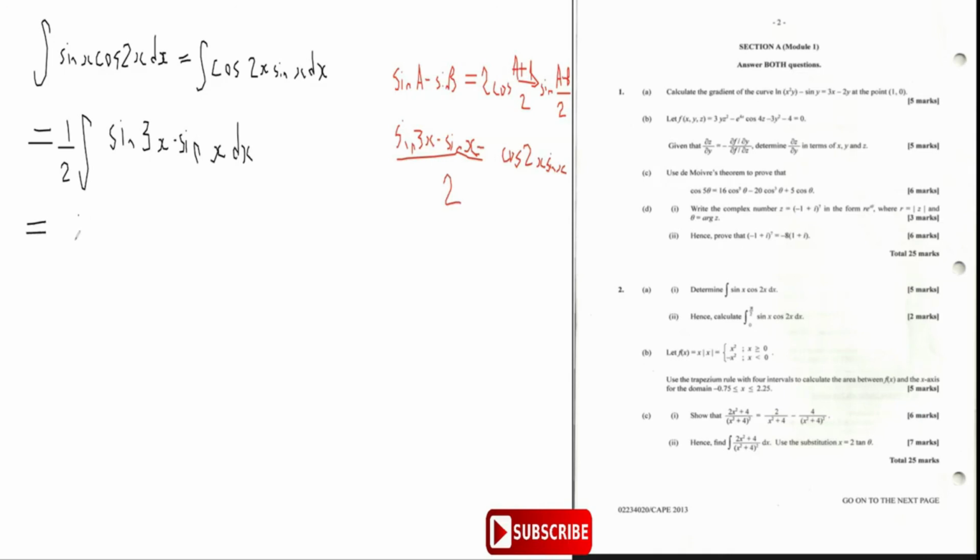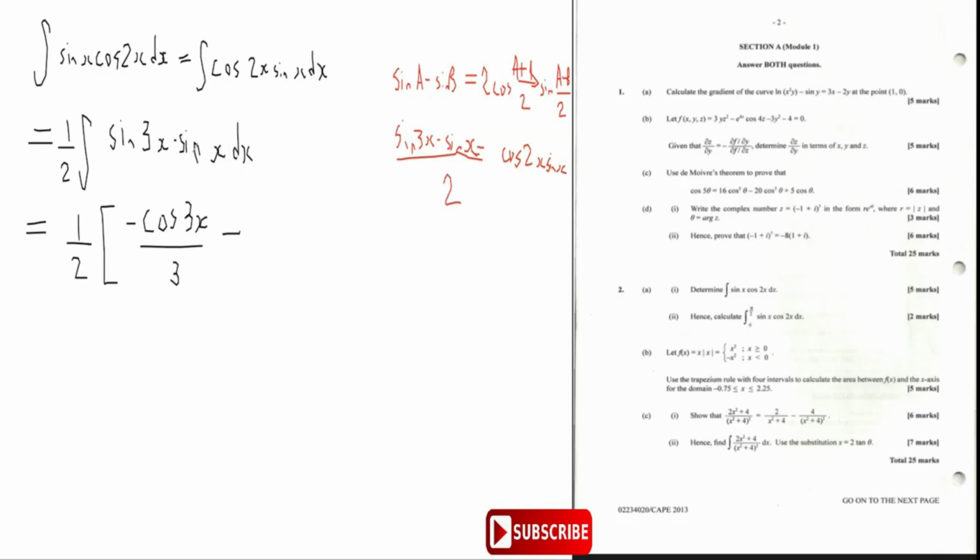So integrating this, we're going to have a half times the integral. When you integrate sine, you get minus cosine. So when you integrate sine 3x, you get minus cos 3x, and then you divide that by the derivative of 3x, which is 3.